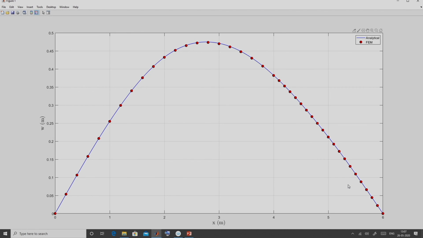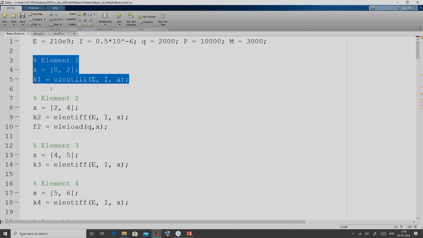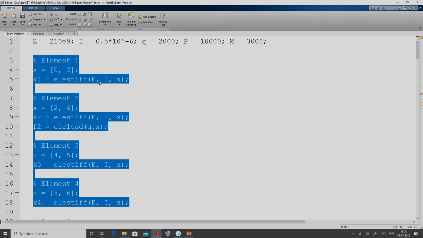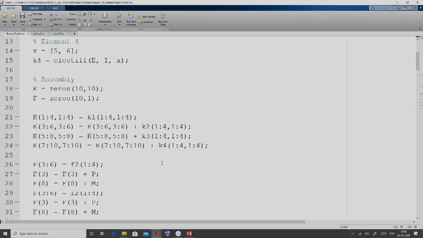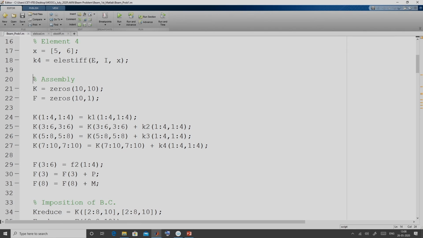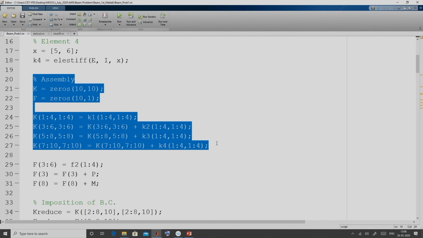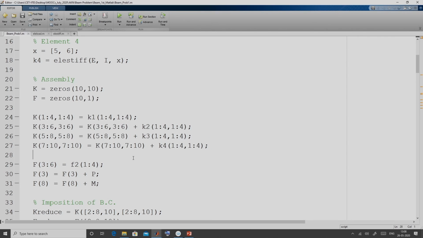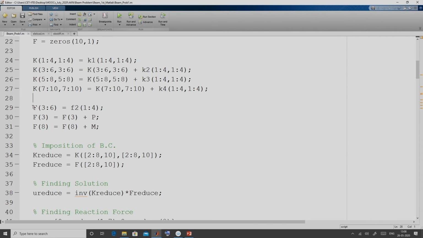So, if we revisit the Matlab program, we calculate the element stiffness matrices K1, K2, K3, K4 and the element load vector F2. Then we do assembly of stiffness matrices and element load vectors. After that we take care of the point load and point moment at the global level.